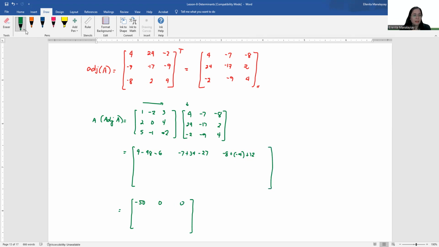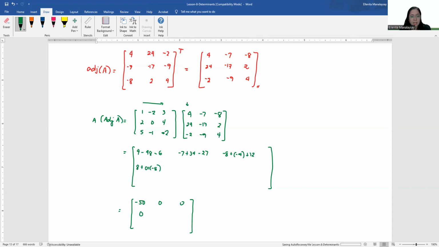For the second row, first column. 2 times 4 is 8 plus 0. 4 times -2 is -8. So 8 plus 0 plus -8 is 0.